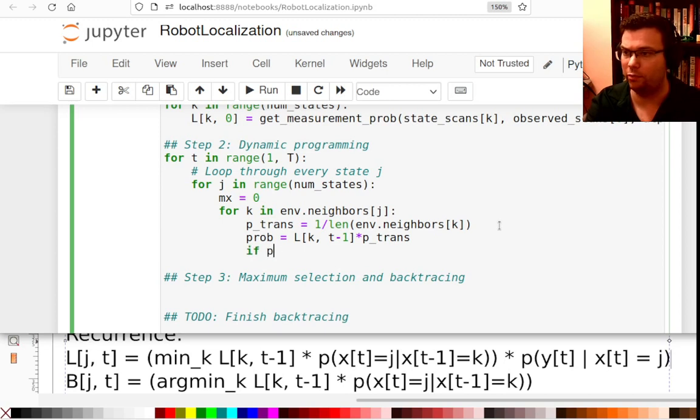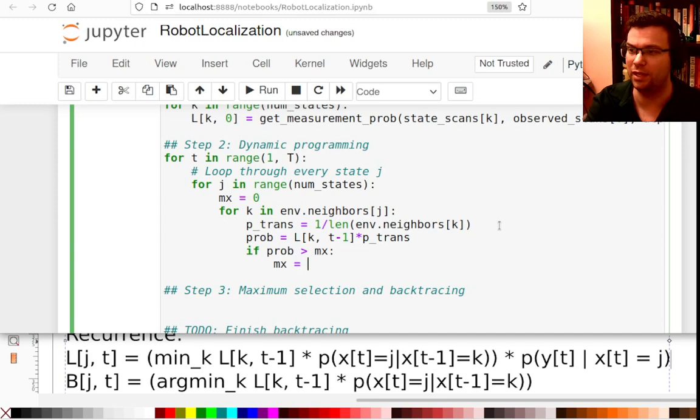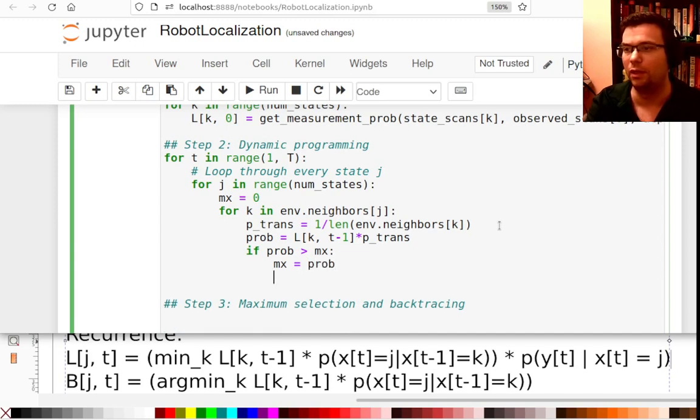And if that probability is greater than the maximum that I've seen so far, then I'll reset the maximum to be this probability. And I'll also remember in this B matrix: B at state J, time t, I'm going to make that equal to K. So remember that K was the best that I came from.